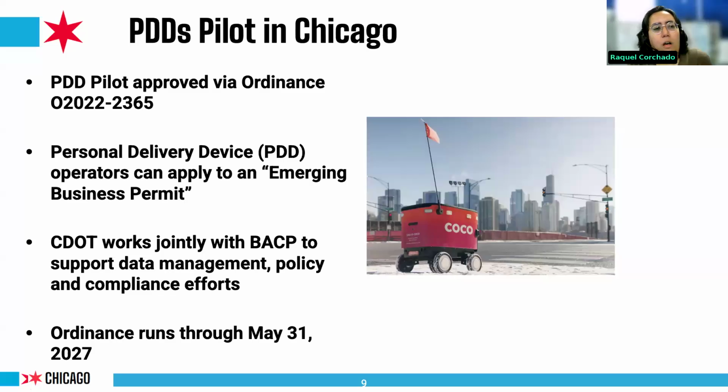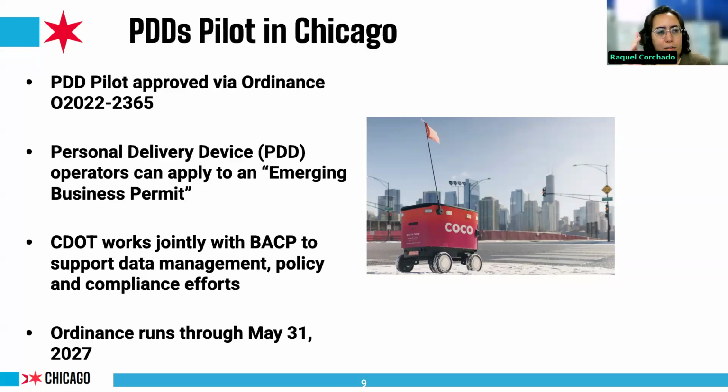And then what gave way to us having personal delivery devices in Chicago. There was an ordinance approved in 2022 for personal delivery devices. Operators can apply using an emerging business permit. CDOT collaborates with BACP, Business and Consumer Protection, to support with the data management, policy, and compliance efforts.